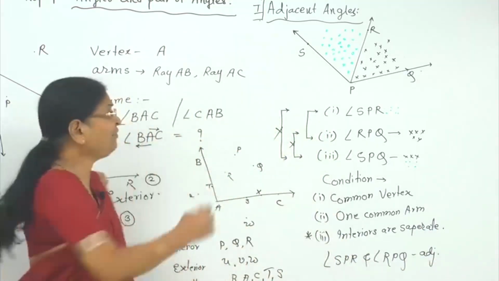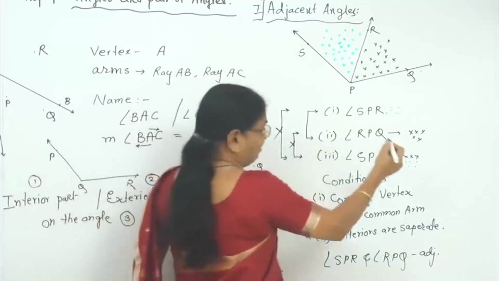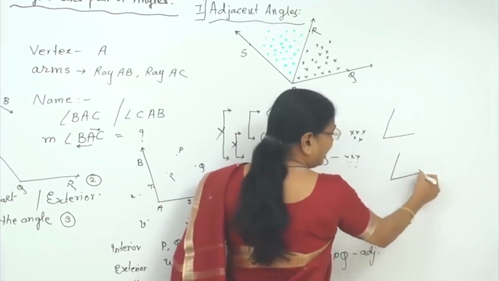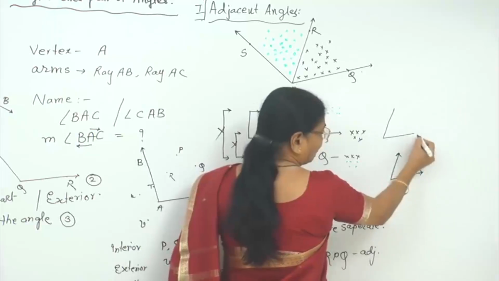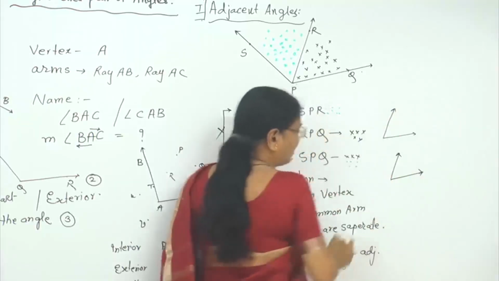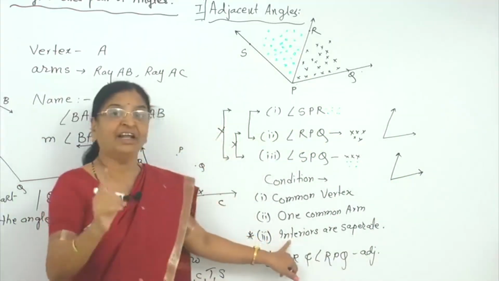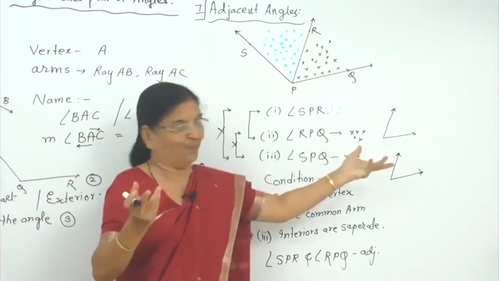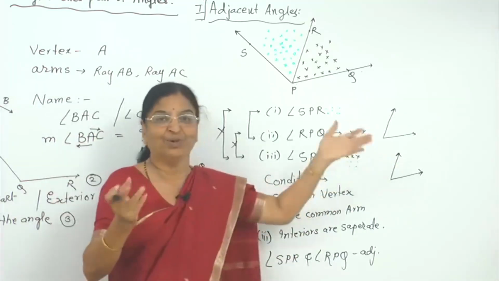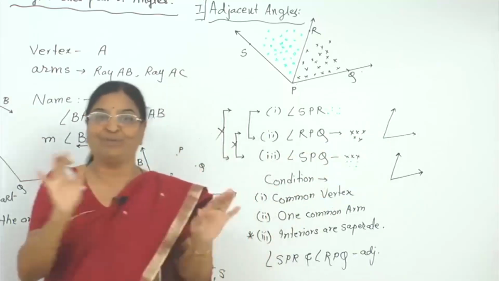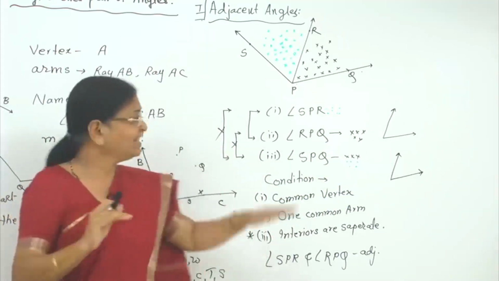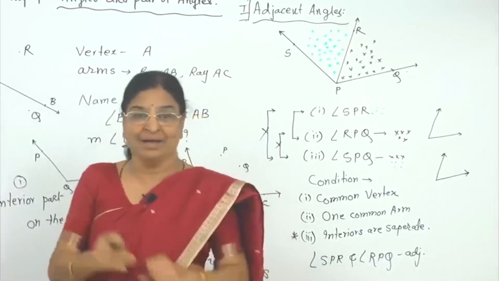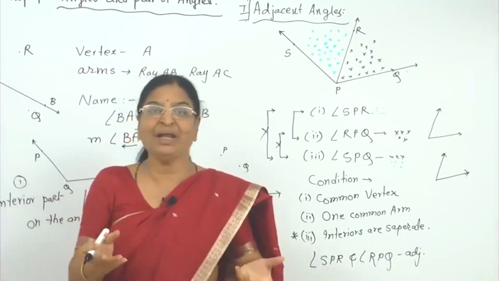Okay? If two different angles are given like this, and I say, see, their interiors are separate. The first condition is satisfied. But is there a common vertex? No. Is there a common arm? No. Then these two cannot be adjacent angles. See, these adjacent angles are also called neighboring angles. Why neighboring angles?